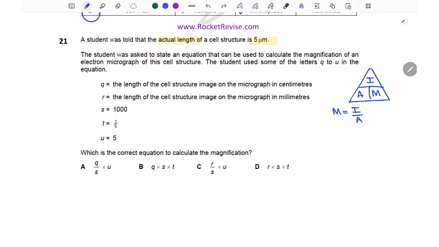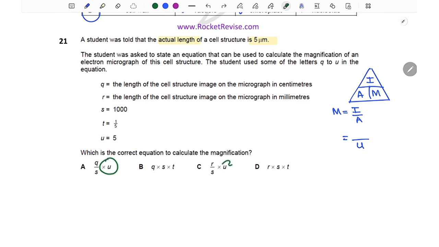So actual length was given as 5 here, and you know that is U, but that means U has to go as the denominator, right? But if you look at all the options here, we don't have U for any of them as the denominator.